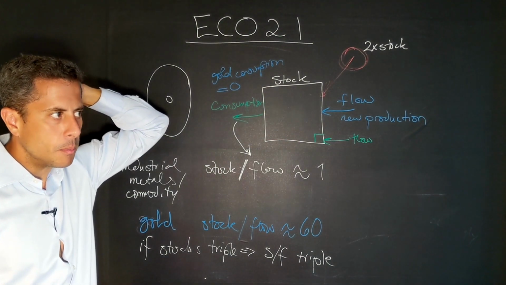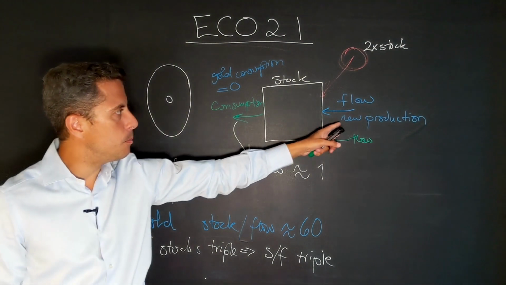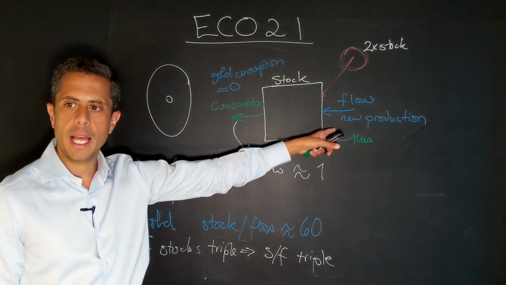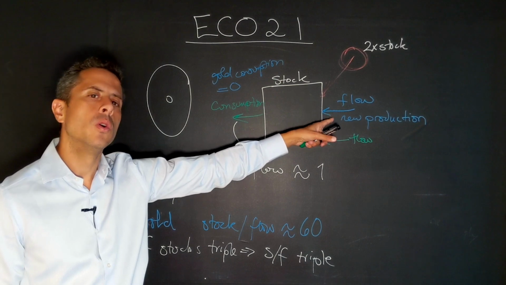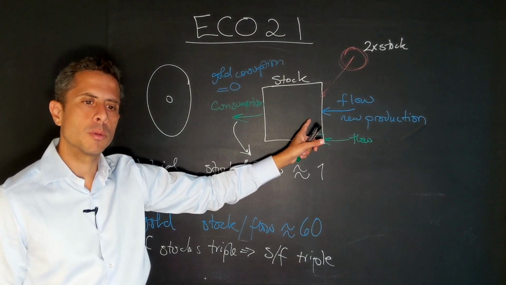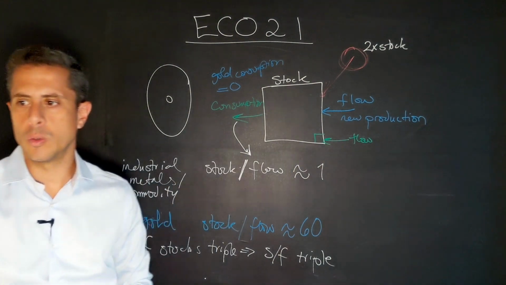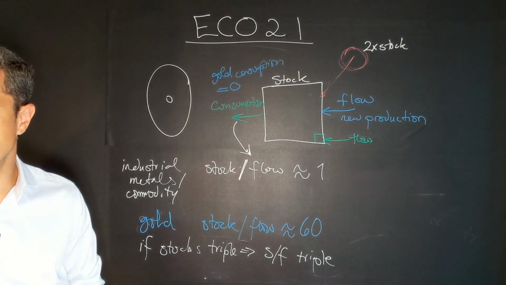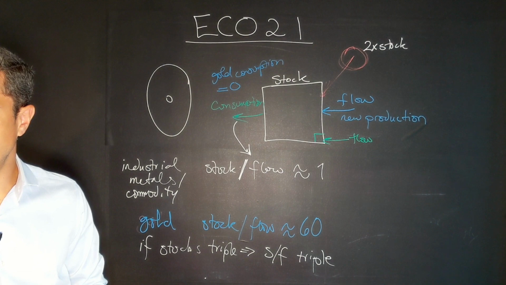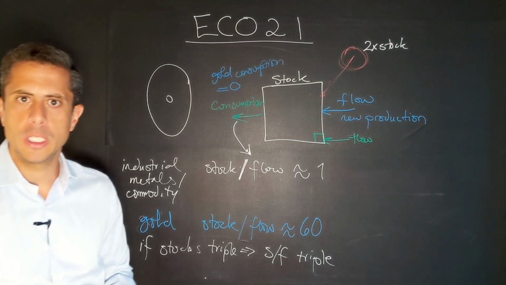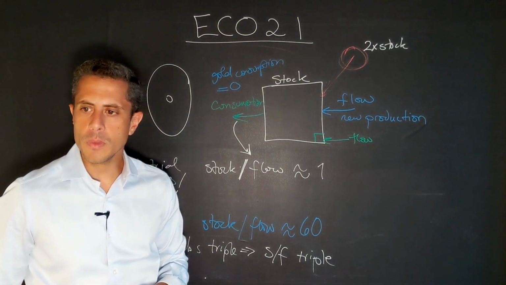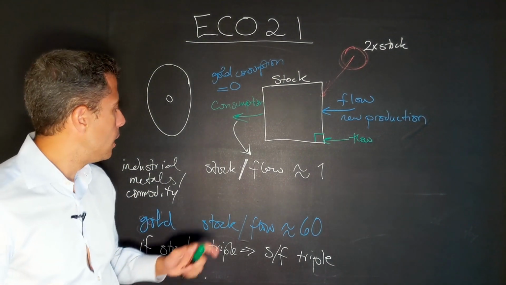But the difference is that with Bitcoin, any unplanned increase in the flow will basically compromise the value proposition. Whereas with gold, no increases in the flow can compromise the value proposition. So we'll discuss these matters in more detail in the future lectures.